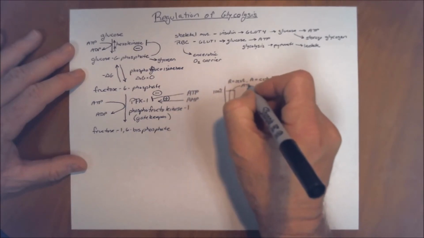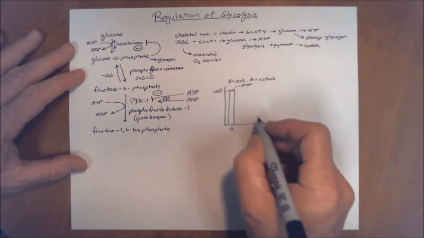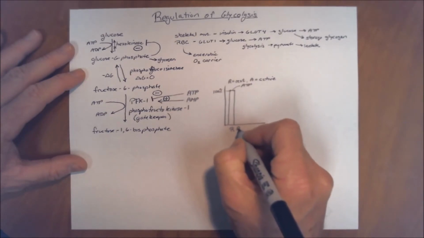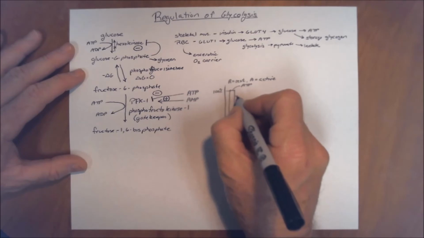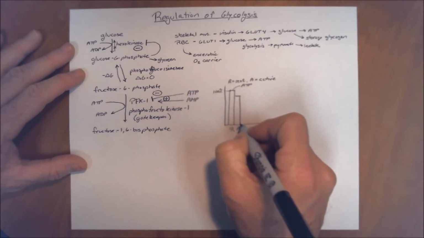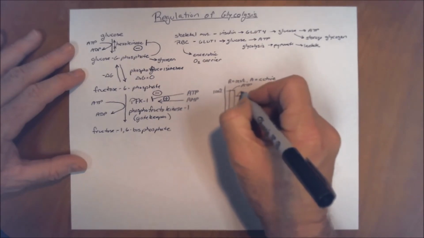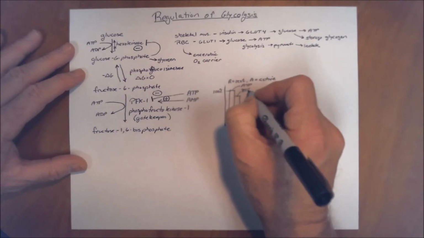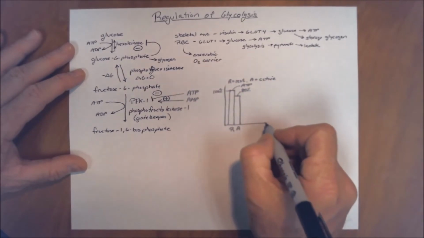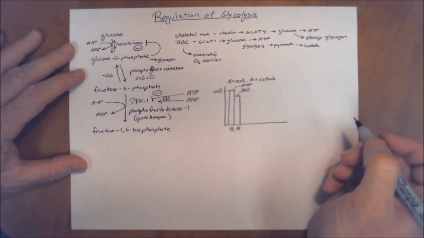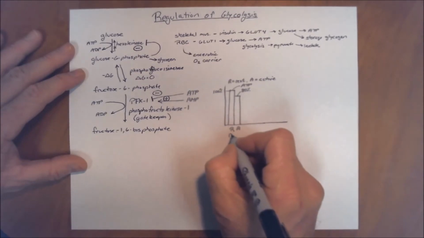This is ATP. Now if we become active, the concentration of our ATP in our skeletal muscle will drop to, say, for example, 80%. Now this is for ATP.